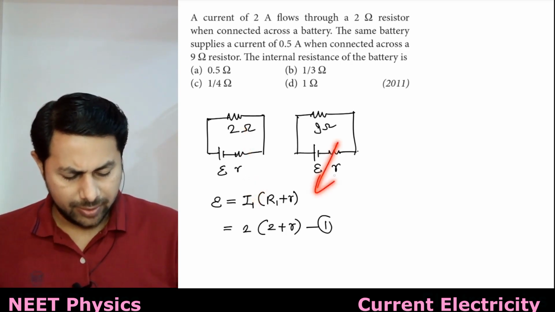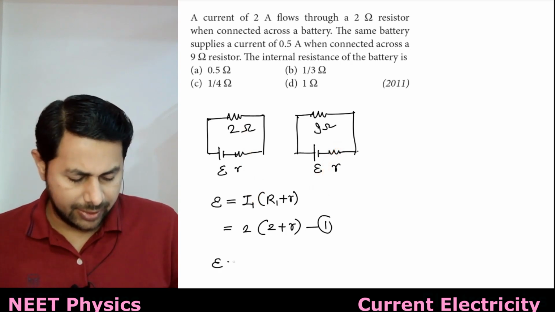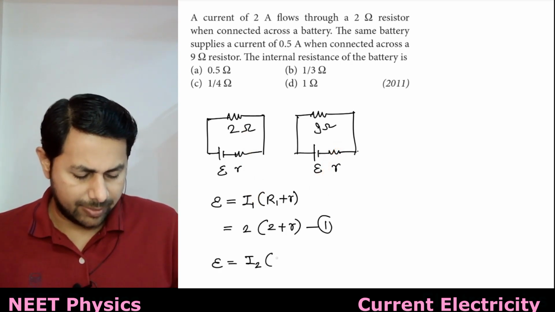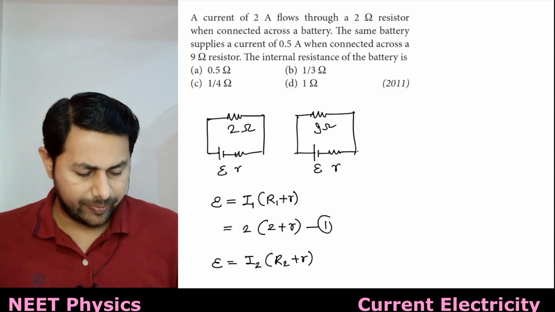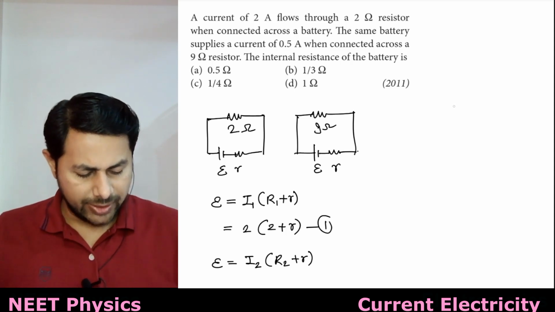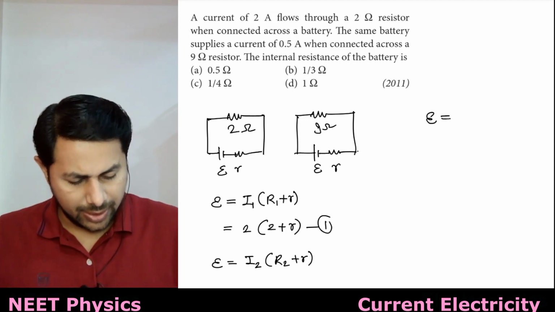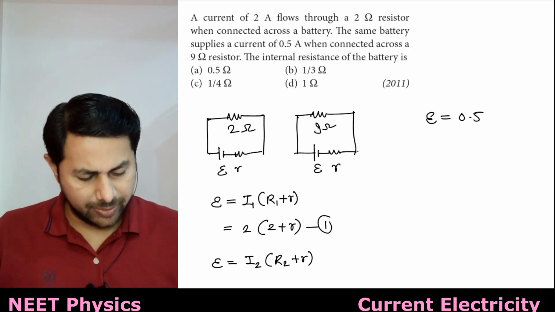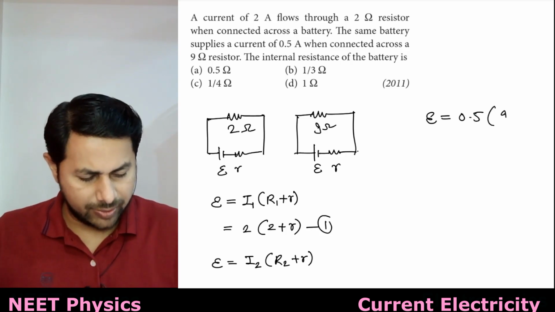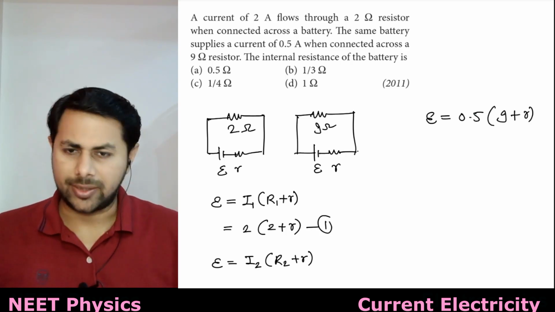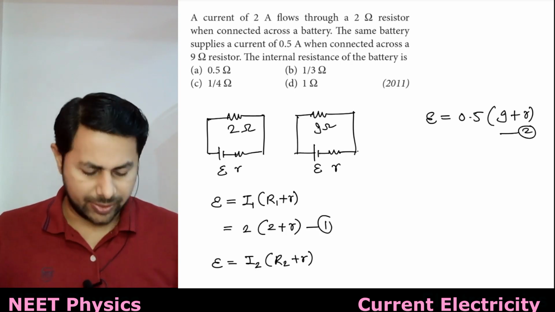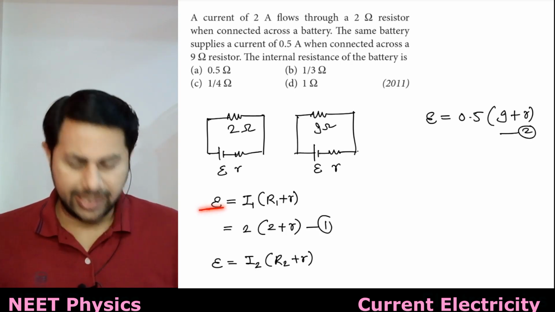And then from the second case you can write E is equal to I2 multiplied by R2 plus small r. What is I2? I2 is equal to 0.5, multiplied by R2 is 9 ohm, so 9 plus small r. This is your second equation, and it's the same EMF.